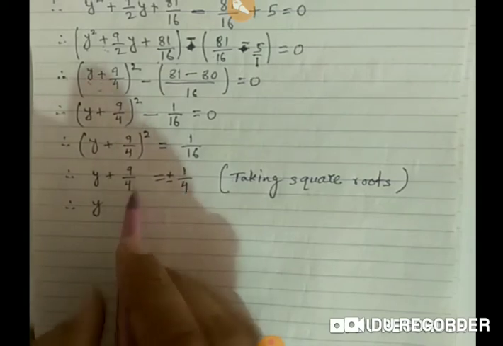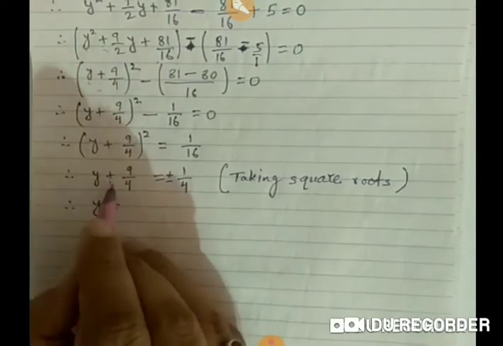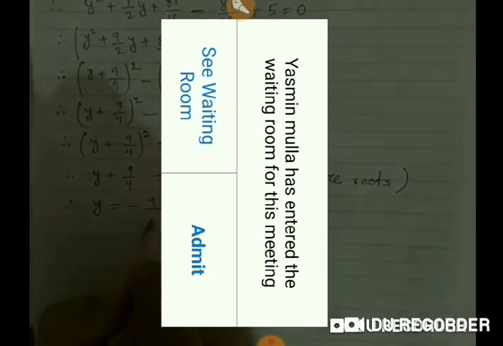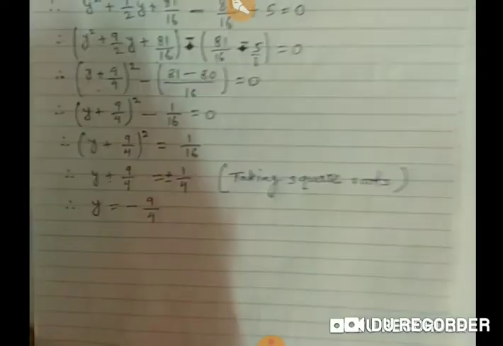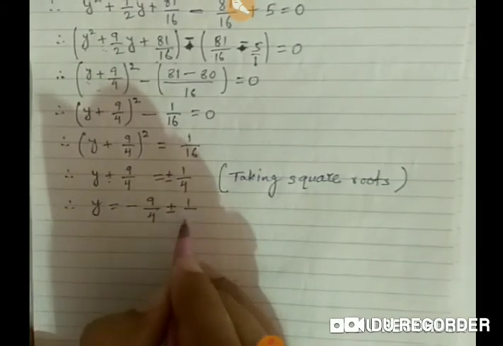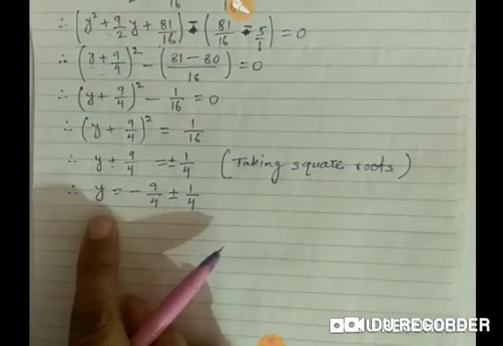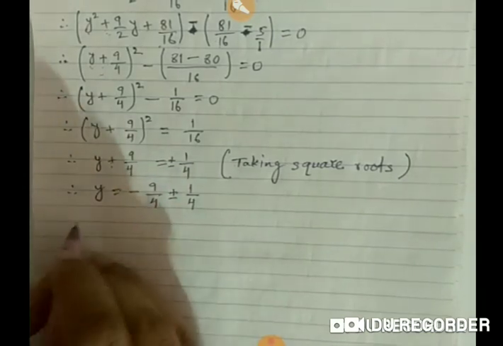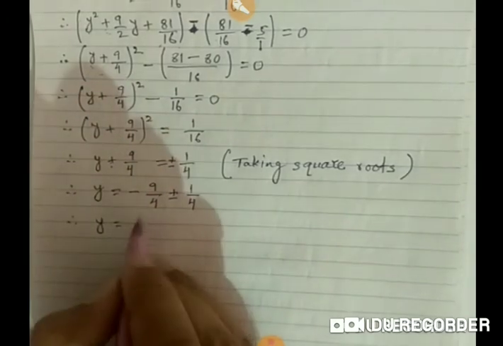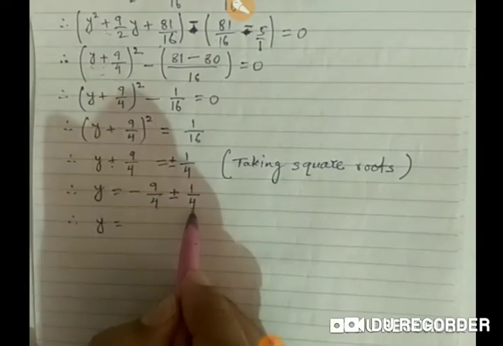So this is positive 9 by 4; when I bring it to the right hand side, it will become negative 9 by 4, and this side you have plus minus 1 by 4. Now, as you can see here, we have two fractions and the denominator of both is the same.